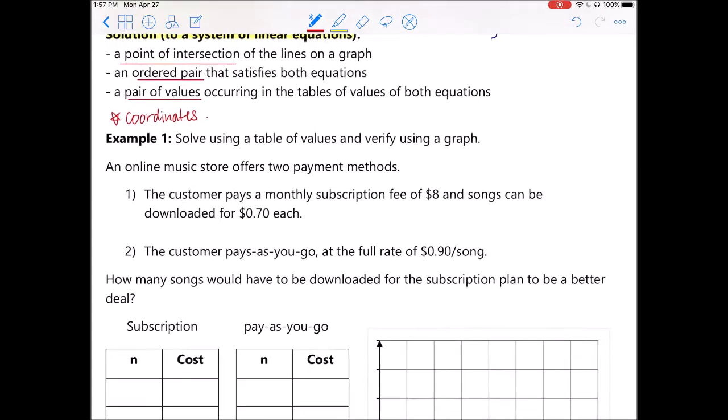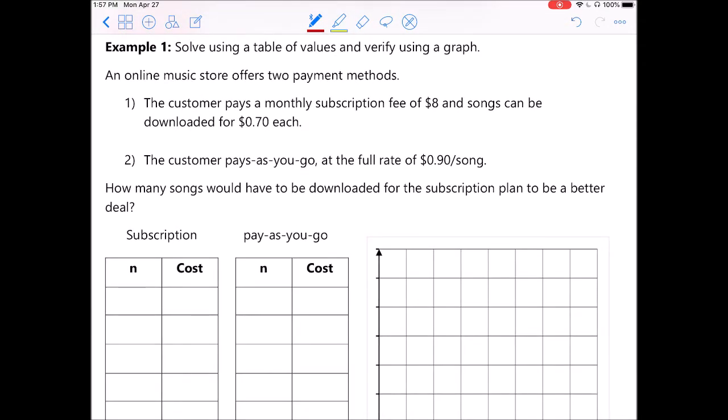Let's take a look at example 1. Solve using a table of values and verify using a graph. We have an online music store that offers two payment methods. The customer pays a monthly subscription fee of $8 and songs can be downloaded for 70 cents each. So the equation is: total cost equals the monthly subscription fee of $8, which is where we start.